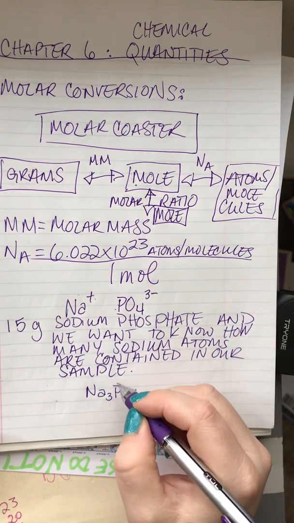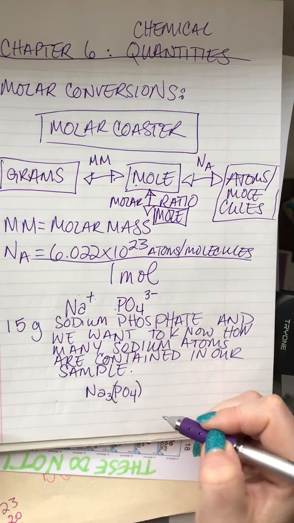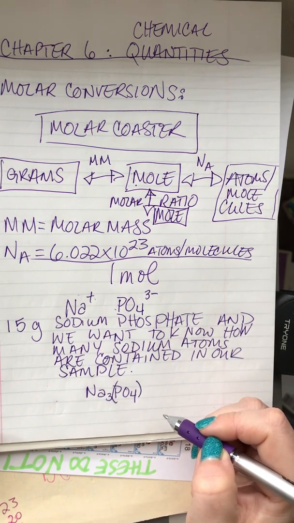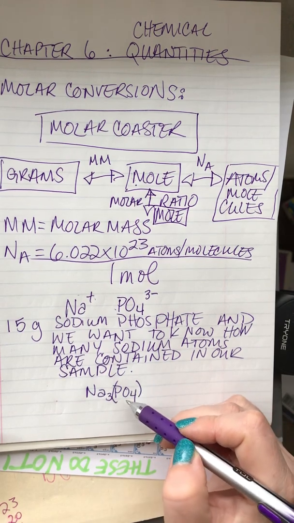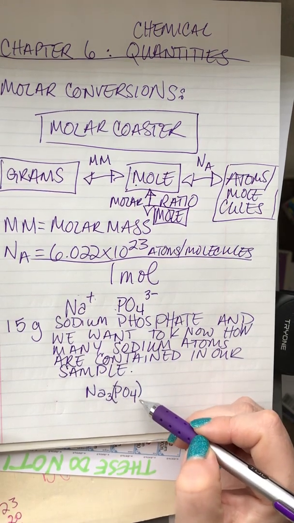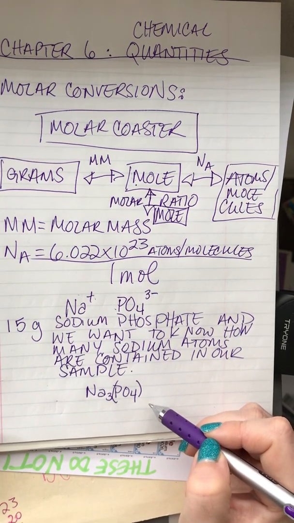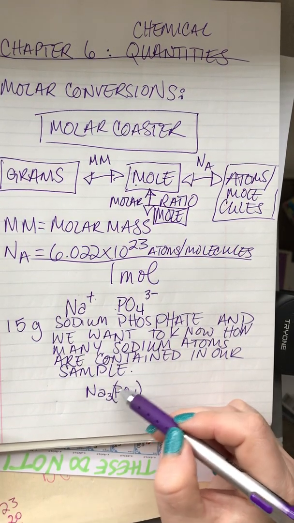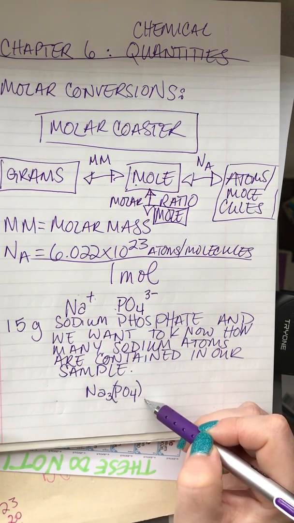Now, just as a reminder, I think some students feel more comfortable putting parentheses around this because it helps them remember that this is a polyatomic ion, not just a phosphorus and 4 oxygens. If you like to do that, that's completely fine. The parentheses become non-optional when there's a subscript out here.